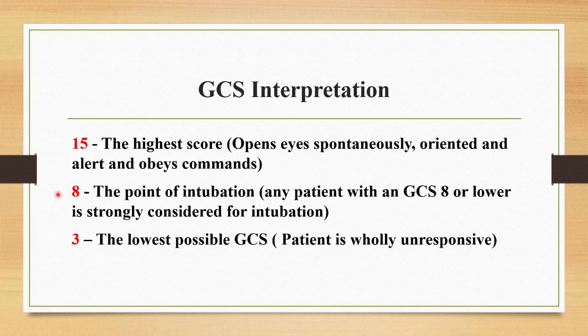If the score is 8, you have to remember that is the point of intubation. So any patient with a GCS of 8 or lower than that is strongly considered for intubation. If the score is 3, that is the lowest possible score, here the patient will be fully unresponsive.